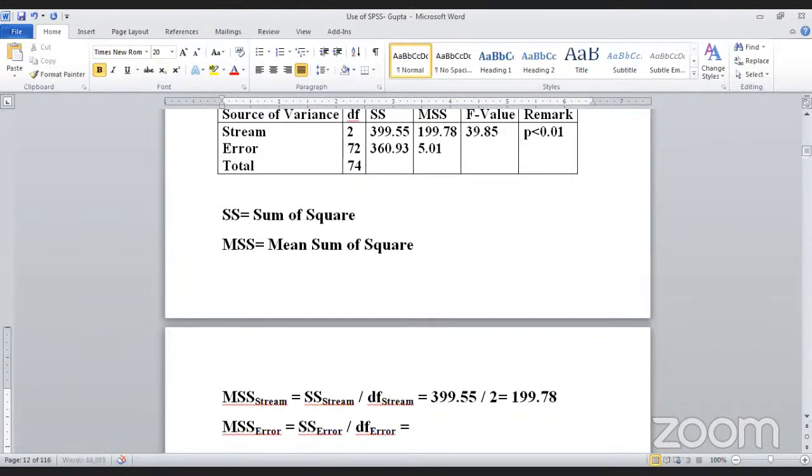Here this will be 360.93 divided by 72, and it will come to 5.01. This is how the value of MSS has been calculated.